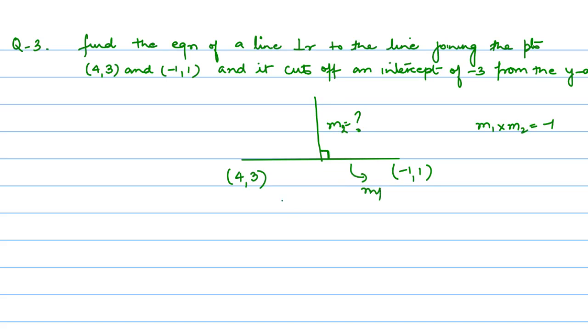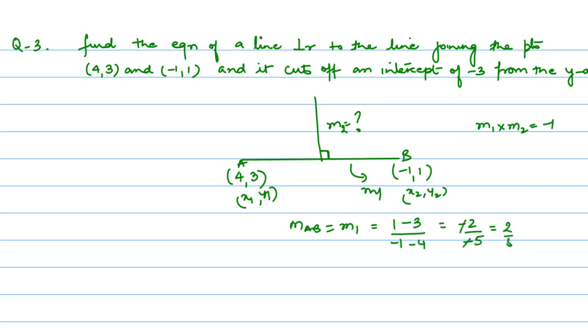Now, the slope of this line, let's say AB, is m1. And how can we find this? y2 minus y1 upon x2 minus x1. Therefore, 1 minus 3, assuming this to be x2 y2, and this to be x1 y1. So, minus 2 upon minus 5, which comes out to be 2 by 5.